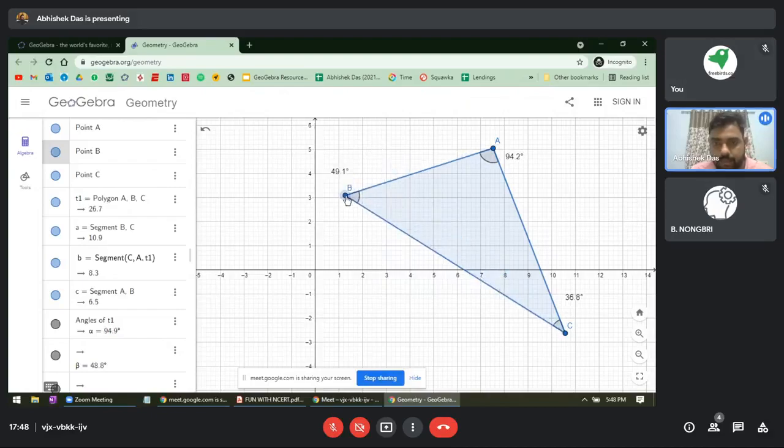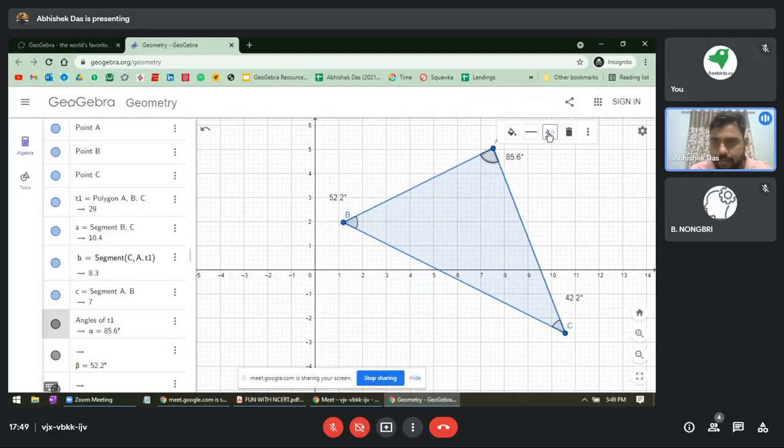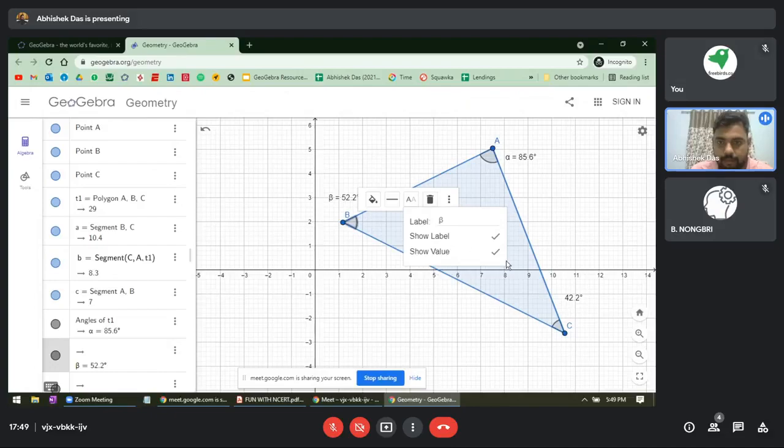Note that the measure given here is in degrees. Right? Now let me just write down the names. The label of this angle is alpha. The angle name over here is beta. And over here the angle is gamma.